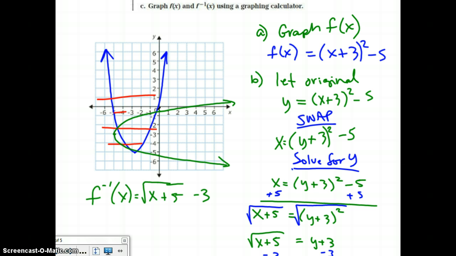You can kind of see if I draw in that y equals x line, that the blue and the green graphs reflect each other.